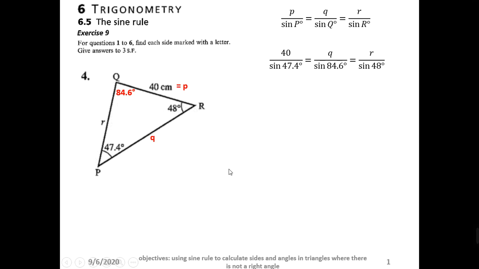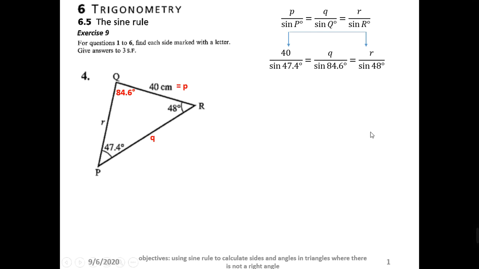Now, we're going to actually work with the first and the last fractions, because we are trying to find R here, right? And we can't take the middle and the last one because Q and R are unknown.